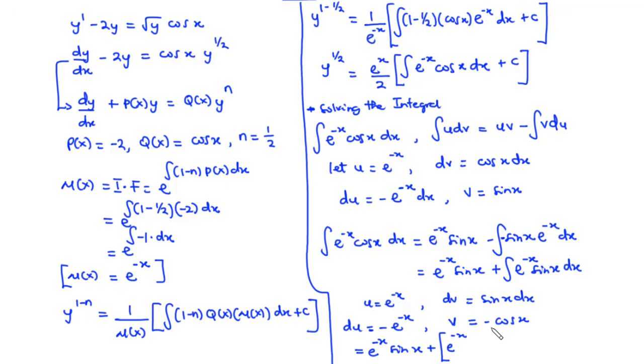We have v to be negative cos x, so we have negative cos x, minus the integral of v, which is negative cos x, times du. We have du to be negative e to the power negative x dx. So let's rewrite this.